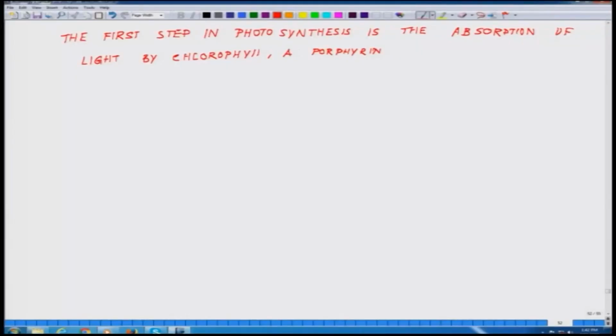So, chlorophyll is essentially a porphyrin with a coordinated magnesium ion present at the center.